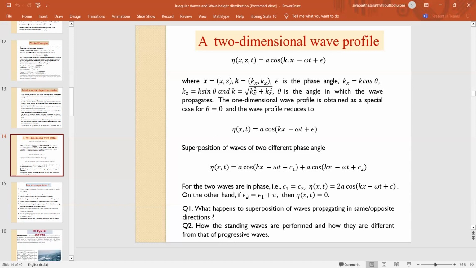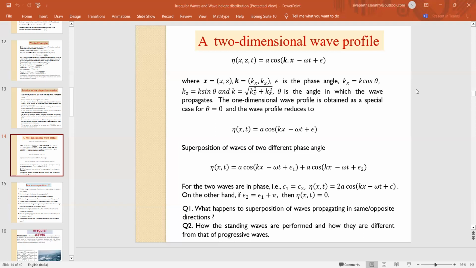Sir, in slide number 14, is K a wave number? Yes, K is the two-dimensional wave number. Capital K is Kx, Kz. There are two components, the x component and the z component.